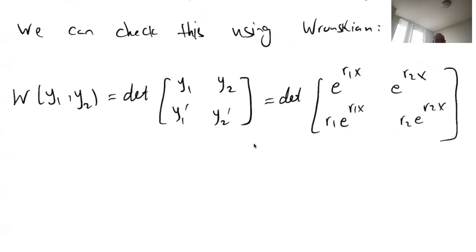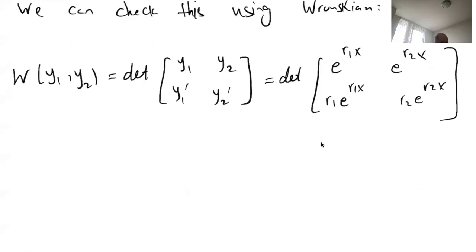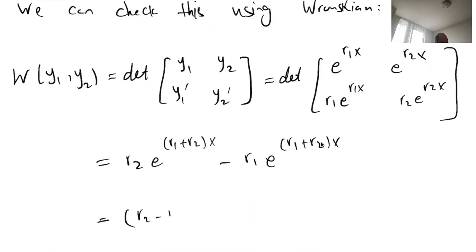And just use the formula for the determinant, this times this minus this times this. That gives me r2 e to power (r1 plus r2) times x minus r1 e to power (r1 plus r2) times x. So that's r2 minus r1 times e to power (r1 plus r2) times x.